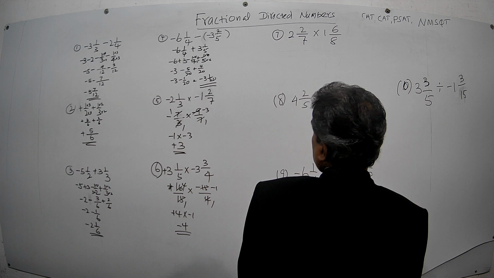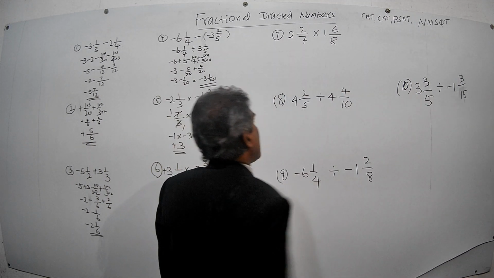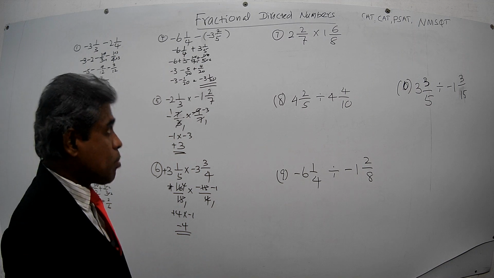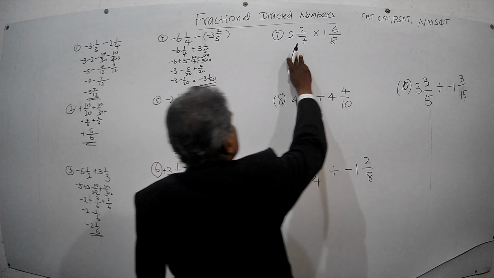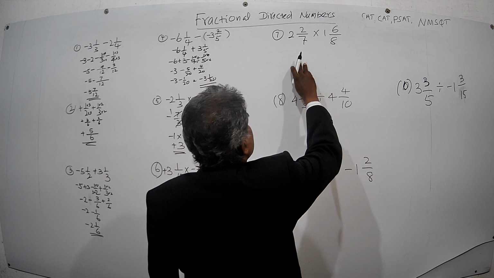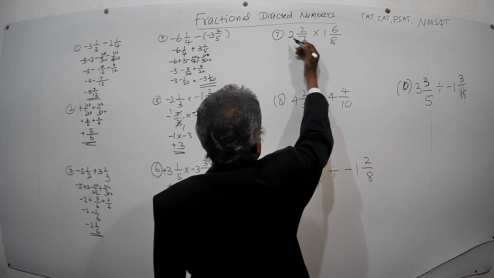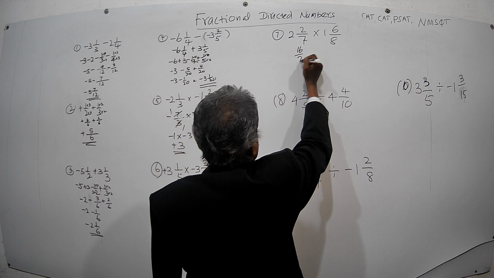Now you go to the next one. This is another multiplication problem. There are two mixed fractions. Therefore, they have to be first converted into improper fractions before multiplying. The first one, converted into an improper fraction: 7 times 2 is 14, 14 plus 2 is 16, 16 over 7.